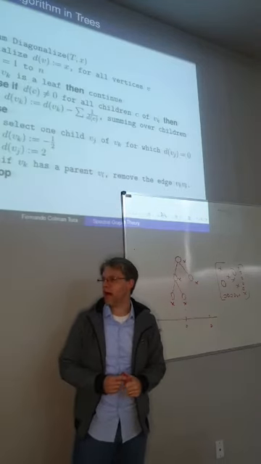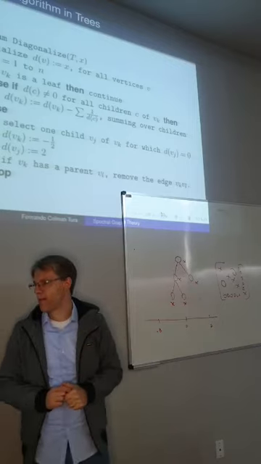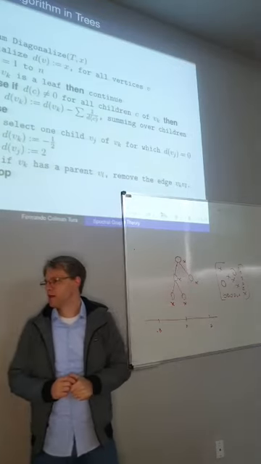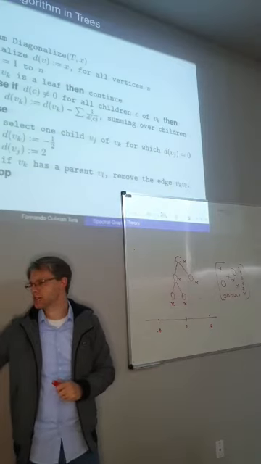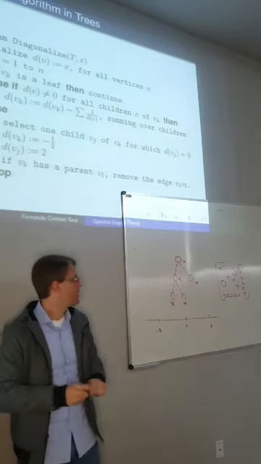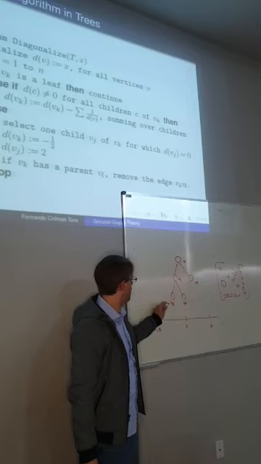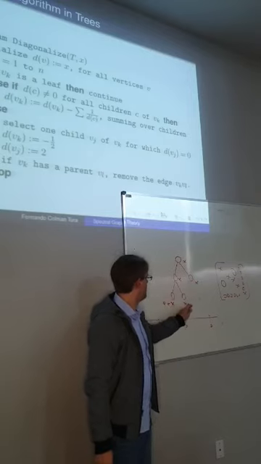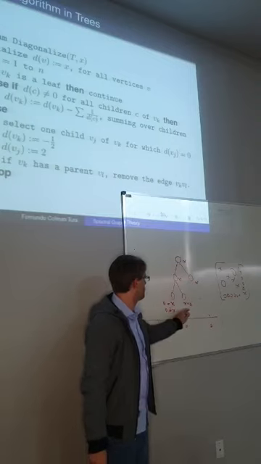So here we have the diagonalization algorithm for trees. This algorithm says we just need to consider two cases: if the leaves have 0, or if the leaves have a value not 0.